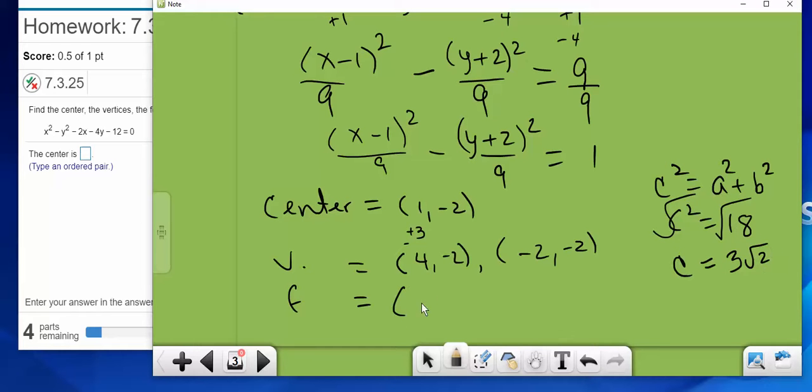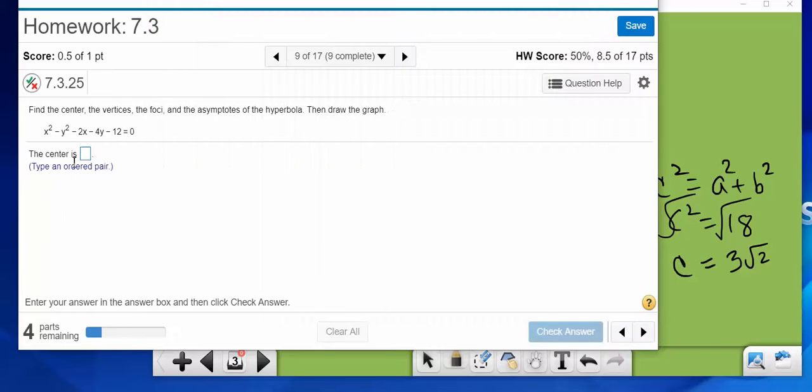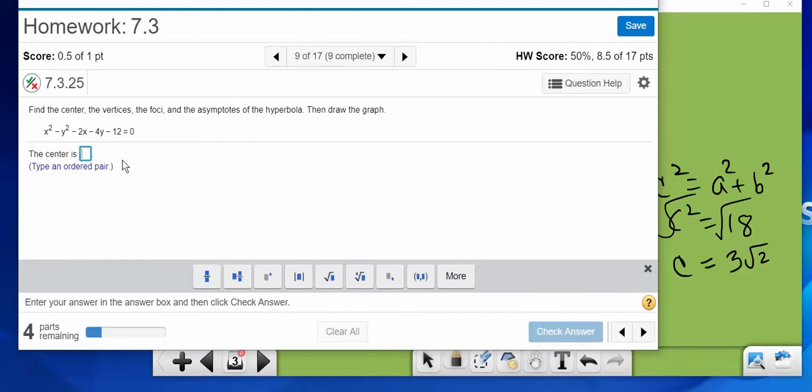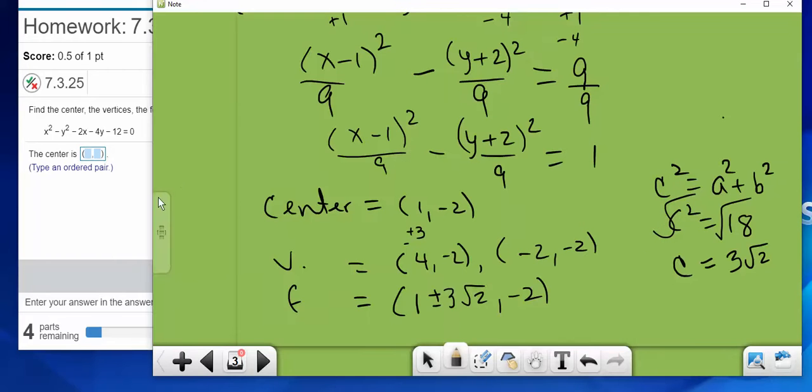So we're just going to take our center and add and subtract 3 square root of 2 to the x coordinate of the center. The center was, I forgot, 1, -2.